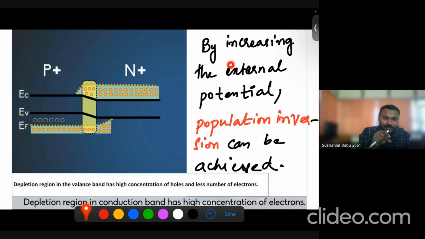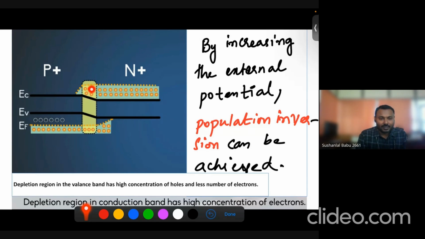Once the width is reduced, more electrons within the depletion region are excited and reach the conduction band, which is similar to the metastable state.